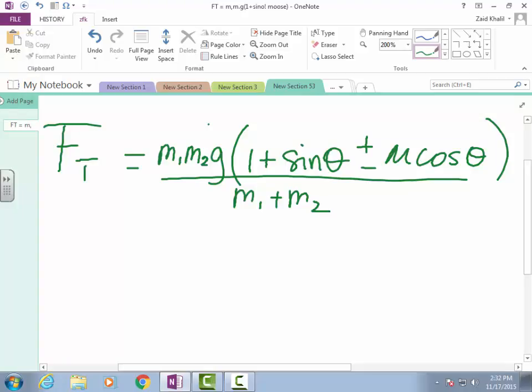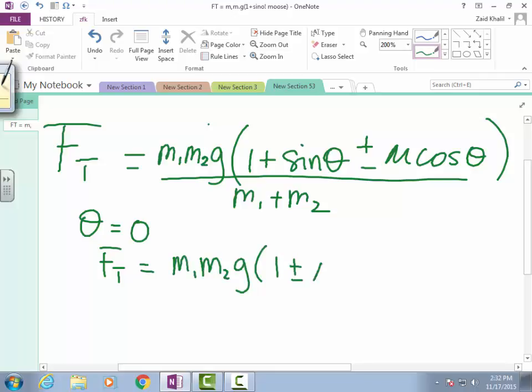Limiting cases. First case we want to investigate is table Atwood. Table Atwood is theta equals 0. What is Ft? But remember, that becomes just plus because friction can't drive the system. And then theta equals 90.